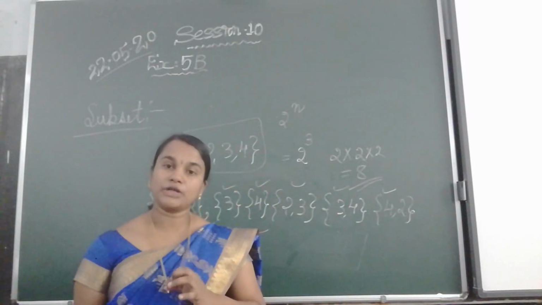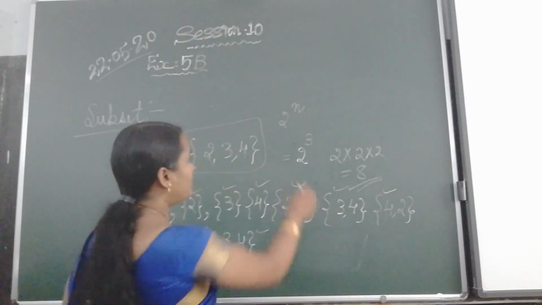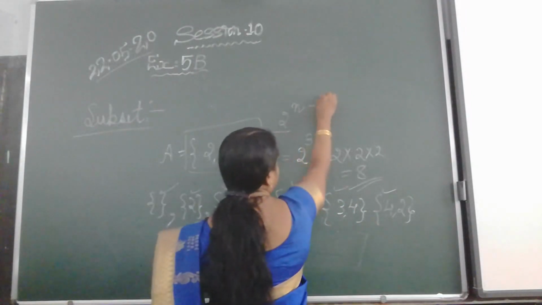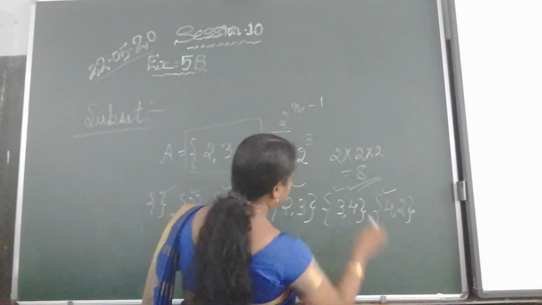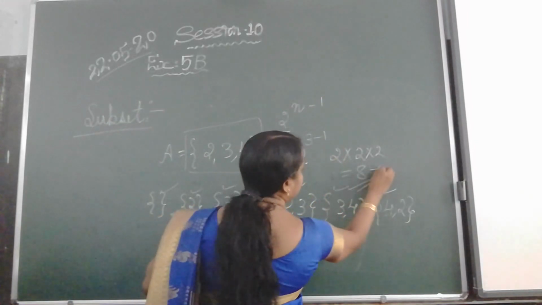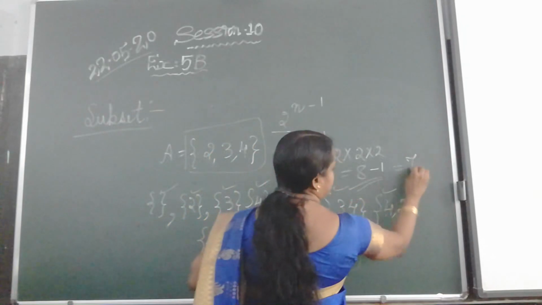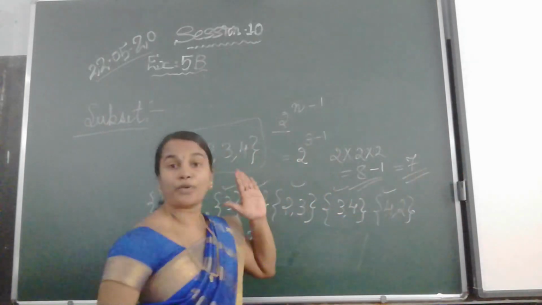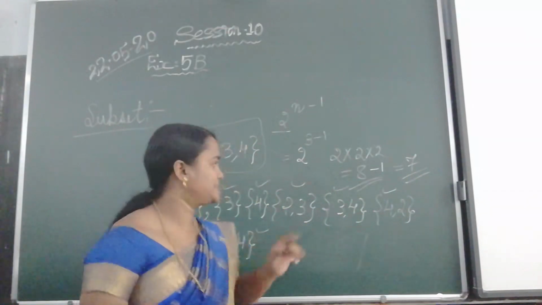Now we will move to the proper subset. Okay, for the proper subset the formula is the same, but here minus 1. Minus 1 means here we get 8 minus 1, which is 7.